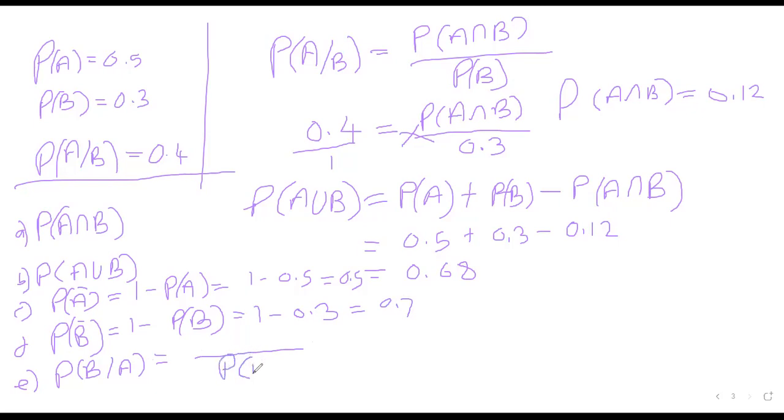A. Then on top we have the probability of A intersection B, which we already have, 0.12. And what's the probability of A? 0.5. And what do we get? 0.24. Great.